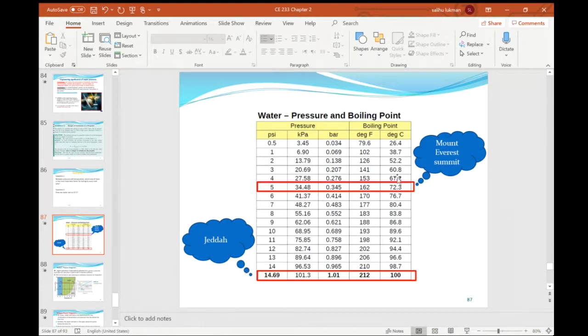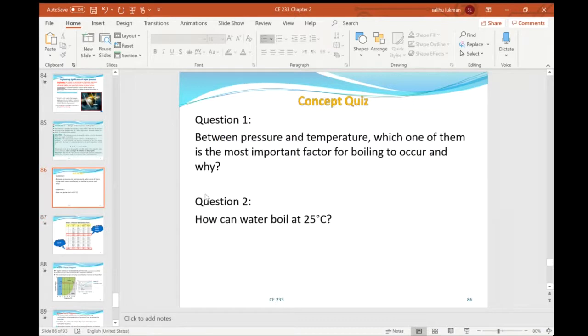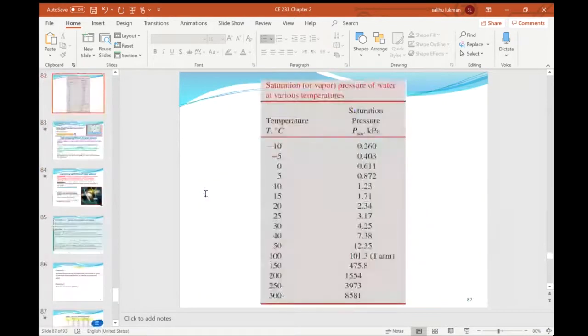is, let's see. Okay, let me check from the other table. Okay, at 25, you have the vapor pressure to be 3.17 kilopascal.